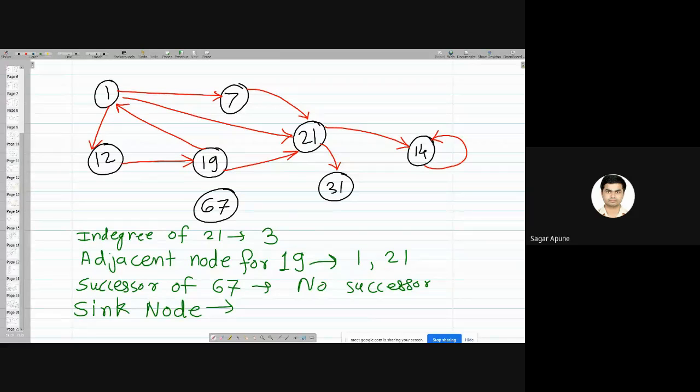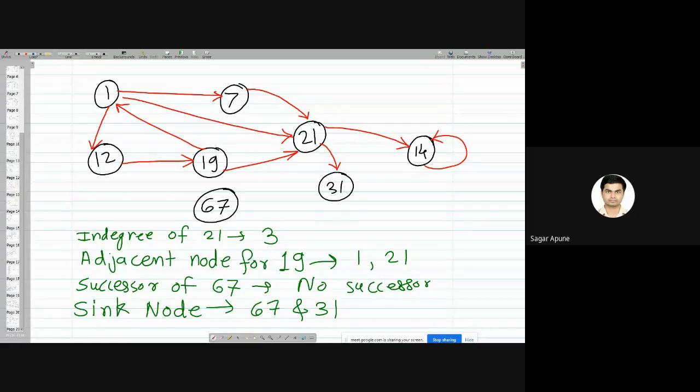Right. The answer is 67 with out degree 0, and 31 with out degree 0. So my sink nodes are 67 and 31.